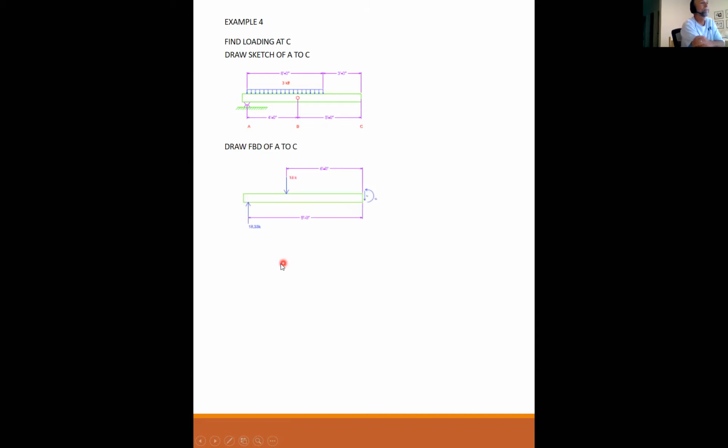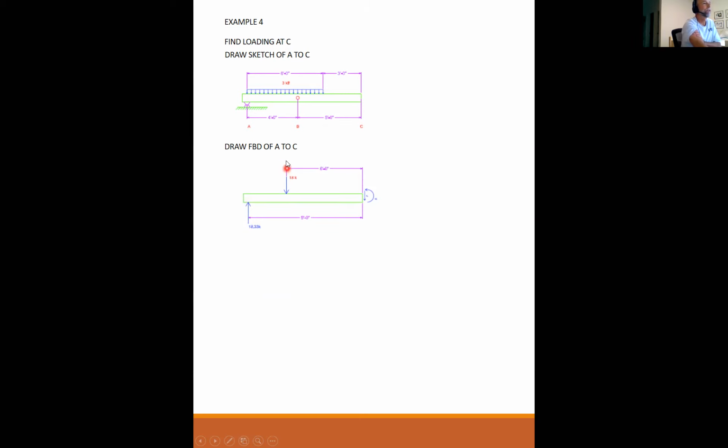So if I draw a sketch from A to C, my design sketch from A to C, now I have my end reaction and I have the full length of my linear load because I'm now beyond that. So if I draw the free body diagram, I have my 18.33 kips at the end.